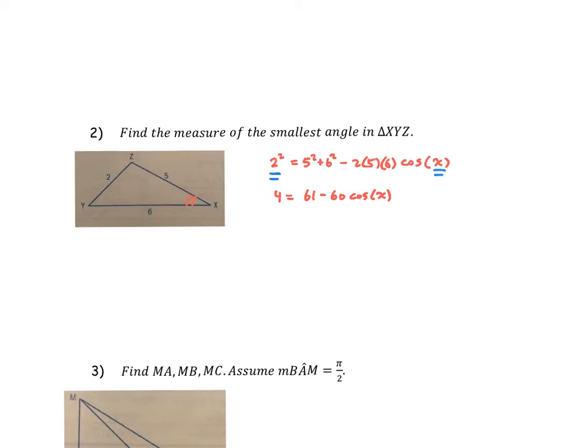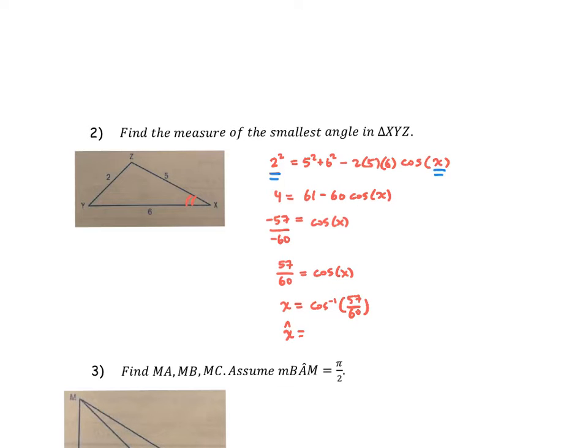Now this is actually a very simple problem. So we're going to get negative 57 over negative 60. So I subtracted 61 divided by negative 60. That equals cosine of x. So to clean that up just a tad, we got negative 57 over 60 equal to cosine of x. Therefore, x is equal to the inverse cosine of 57/60. You could reduce that if you wanted to, but it doesn't really matter. It might be type A and really want that, but whatever.